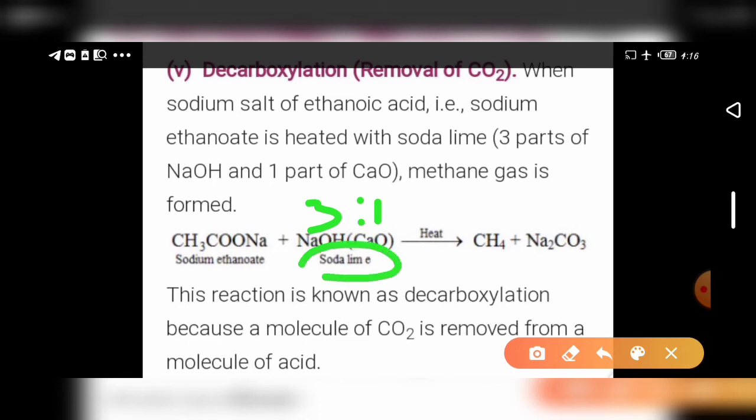The products are CH4, methane, plus sodium carbonate. This reaction is known as decarboxylation because a molecule of carbon dioxide is removed from a molecule of acid.